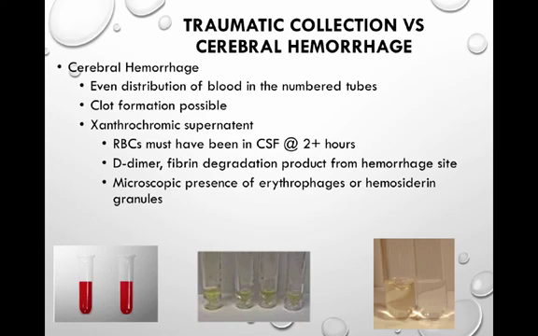Typically red blood cells must have been in CSF 2+ hours before we see xanthochromia. Serological tests for D-dimer for fibrin degradation products from the hemorrhage site may also be helpful to support the diagnosis of an intracranial bleed.